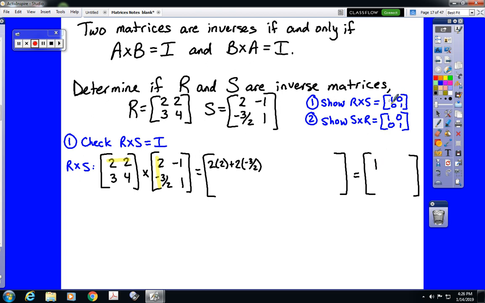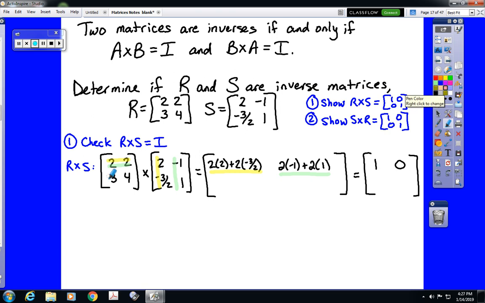That's what we're trying to show, so we continue. So then, that was the yellow here, we would do row 1 times column 2. It's going to be written right here. So that's 2 times negative 1 plus 2 times 1. Now that has to equal 0. Well, 2 times negative 1 is negative 2. 2 times 1 is positive 2, so negative 2 plus 2 would be 0, and we would continue the problem.